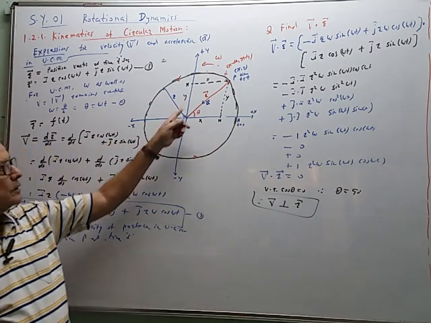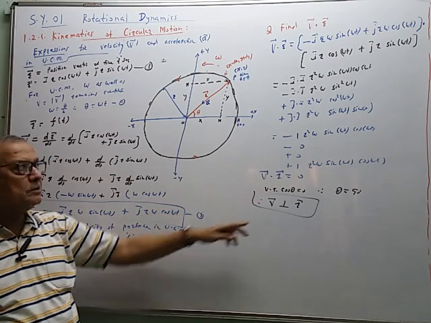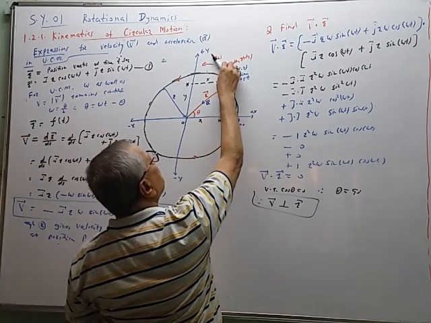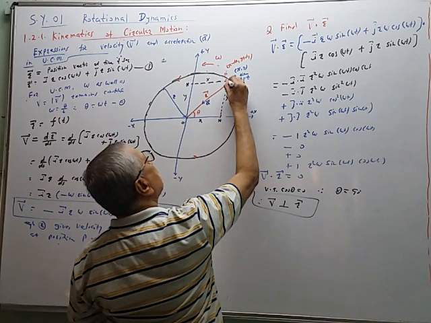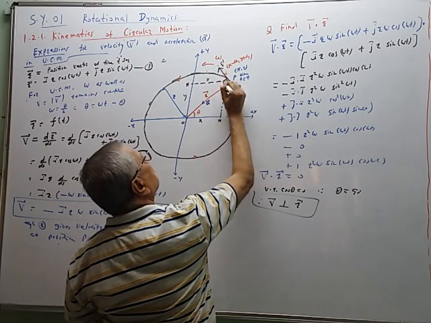So r is the radius vector along the radius. So V is perpendicular to radius means it is along the tangent. So V is in the direction. Now we can add it in the figure. This is the direction of V. So this angle is 90 degrees.